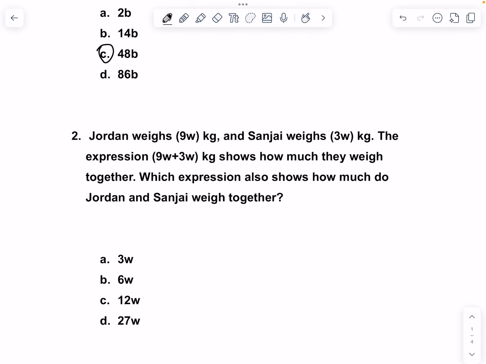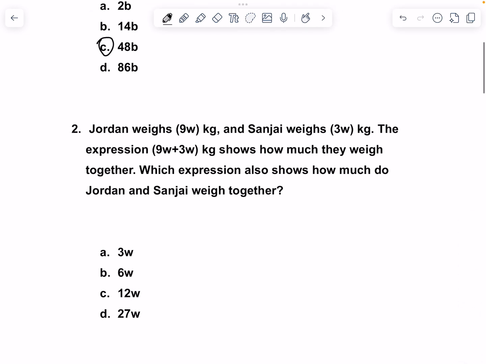Okay, for number 2, it says that Jordan weighs 9W kilograms and Sanjay weighs 3W kilograms, and the expression 9W plus 3W shows how much they weigh together. Which expression also shows how much they weigh together? So we would do the same thing.